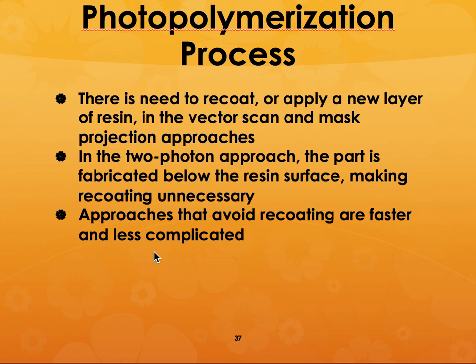Whereas in the case of the two photon approach, the part is fabricated below the resin surface, which makes recoating unnecessary. The approaches that avoid recoating are faster and less complicated. So the two photon approach is a faster process.